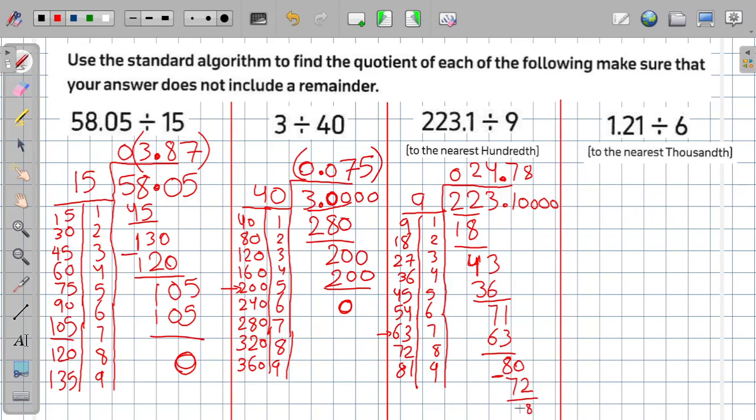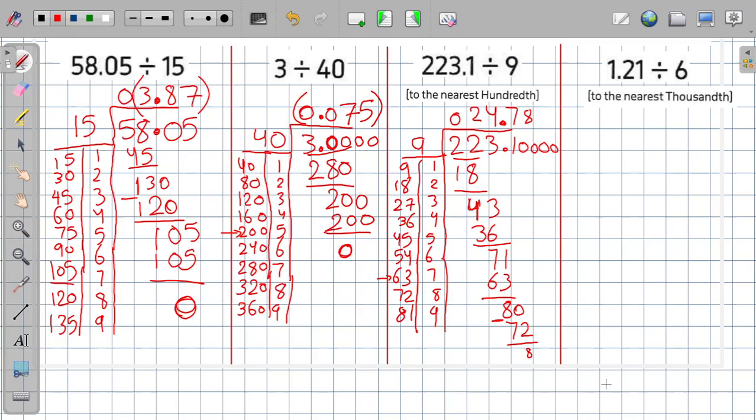Again, I have the next digit, 0. So I have 80 divided by 9, I will take 72. So 72 divided by 9 equals 8, and the remainder will be 8. Again, yes. So our division is infinite, with no end.